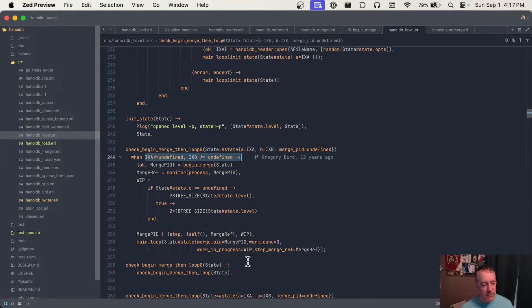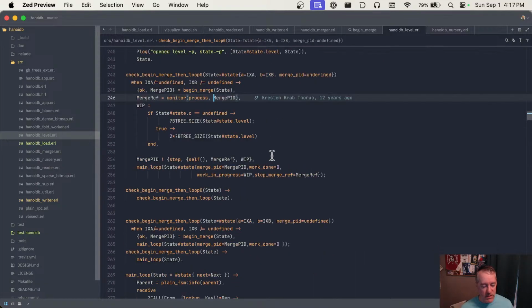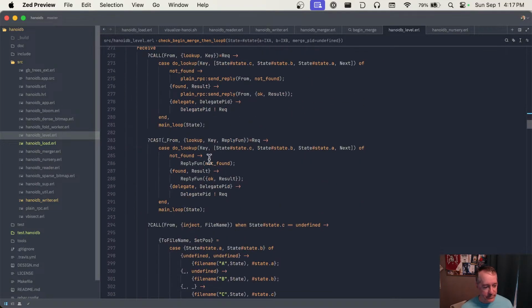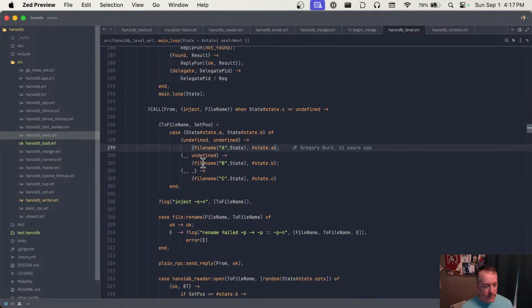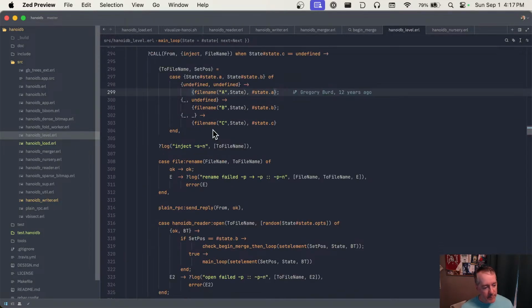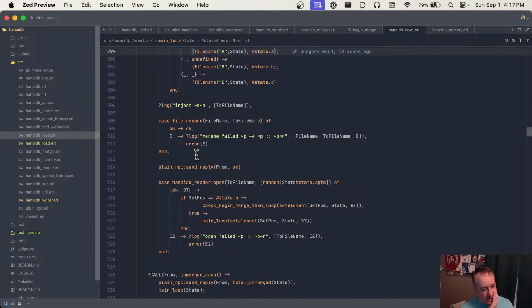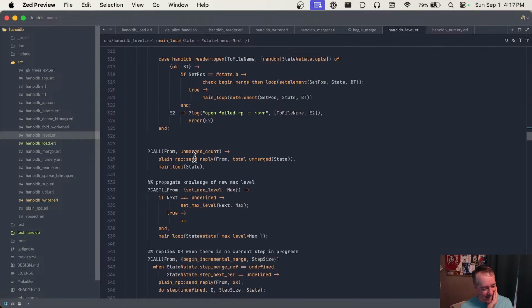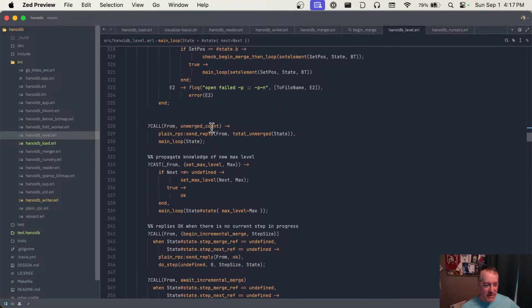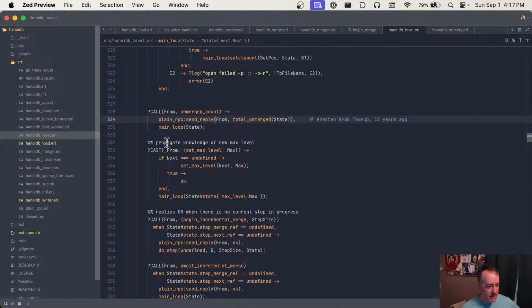Yeah, so if both A and B are undefined, the merge process already exists. So C should not trigger another attempt to merge. Okay. We're learning. This is just implementing how many are unmerged from this level. Okay, so propagating knowledge at the max level.